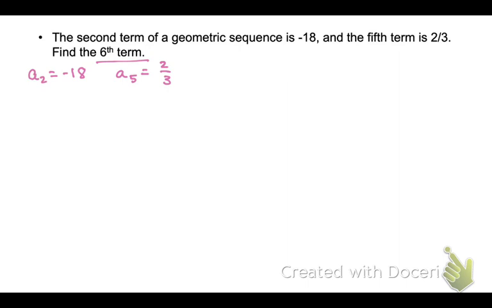Oh, it has to be because you have negative 18 and then you have a positive, so it's going to have to be a negative ratio, right? Okay, so a sub 1, and then this would be a sub 4. So 2/3 equals a sub 1 times r to the 4 minus 1.